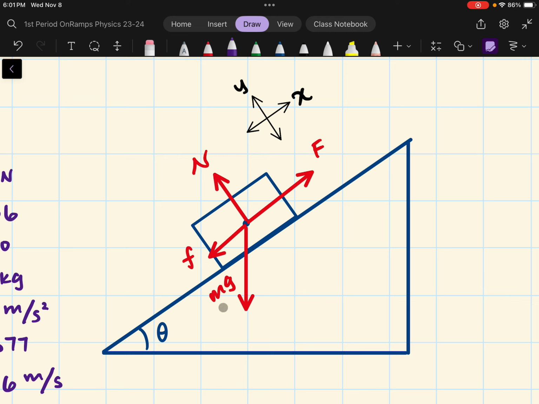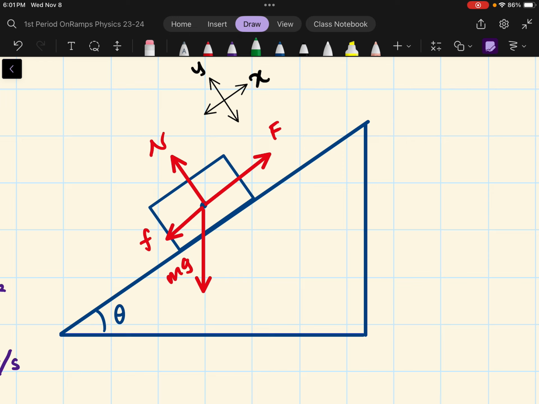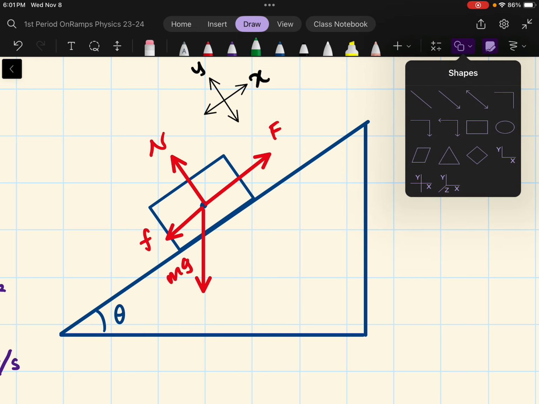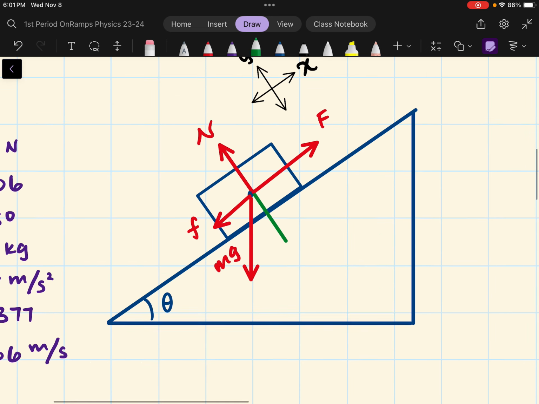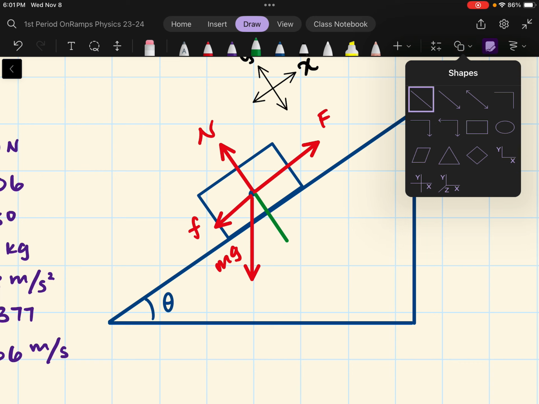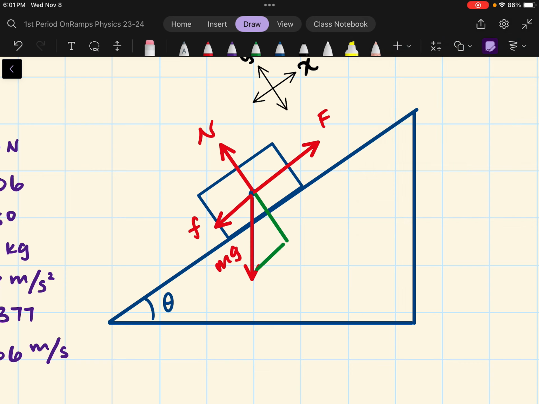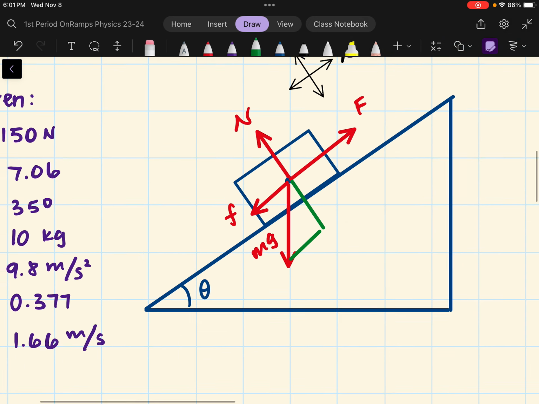As you can see, the weight of the object, weight is equal to mass times gravitational acceleration, does not fit either in the y or x direction. That's because it has components. So the component of the weight along the y direction will go like this, and the component of the weight along the x direction will go like that.